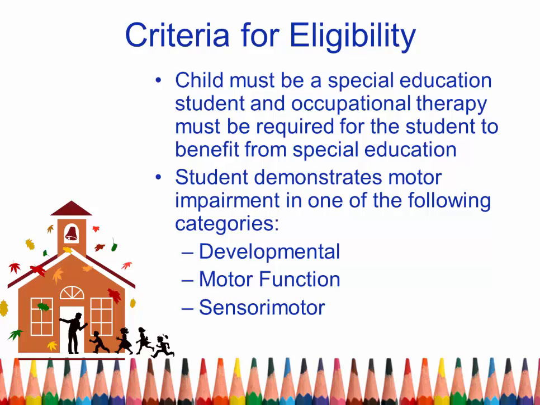For children to qualify for occupational therapy services in the school, they first have to meet certain eligibility requirements and be categorized as needing special education, and then once that's in place, they have to qualify for OT.